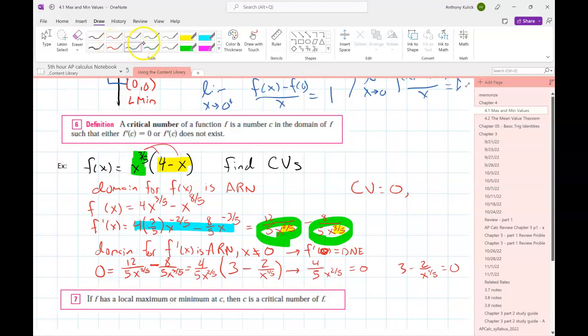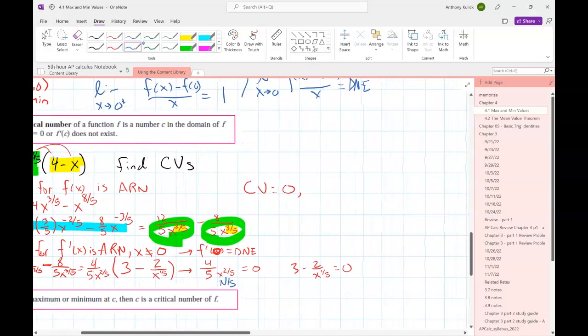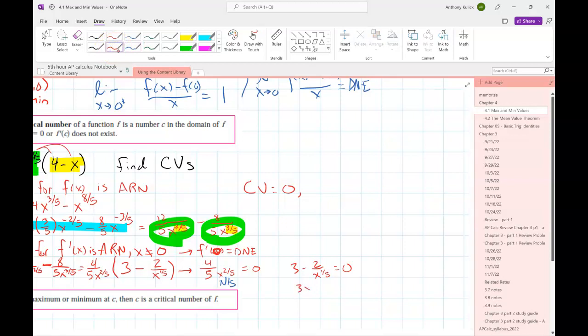If you multiply both sides by x to the 2/5 to get the x out of the denominator, you just have 0 equals 4/5. So that's clearly a nonsense solution. If we go over here, we'll multiply both sides by x to the 1/5 to get that x out of the denominator. And then I'll add 2 to both sides, divide by 3, and then raise that to the 5th power.